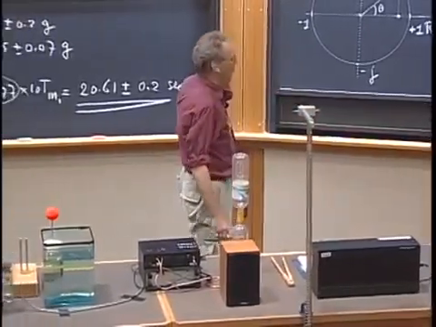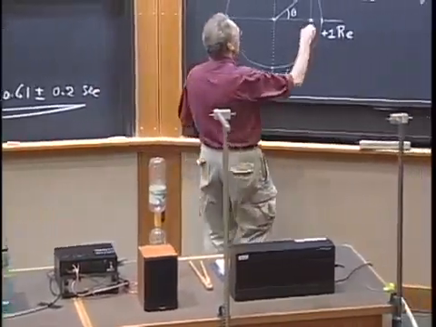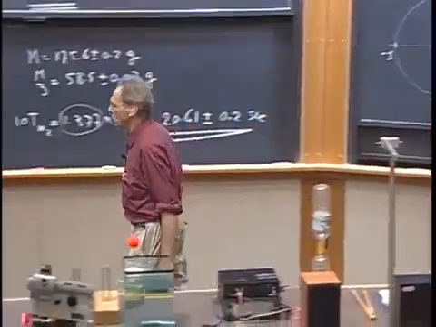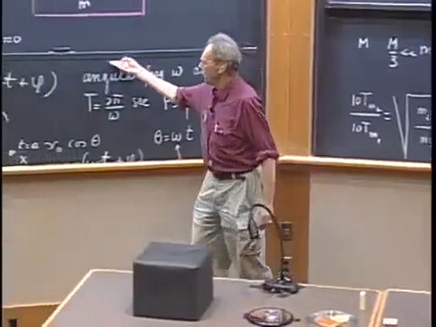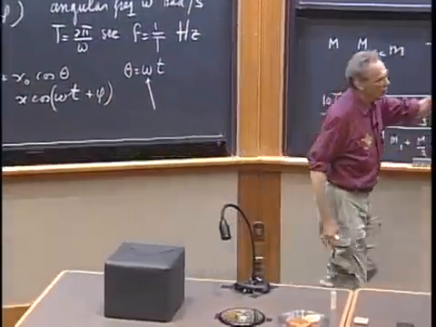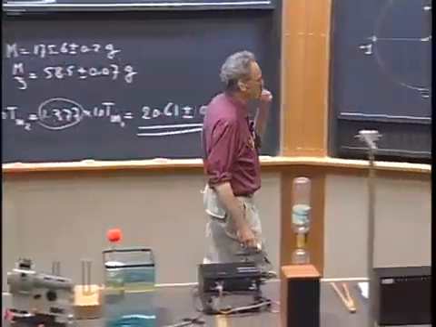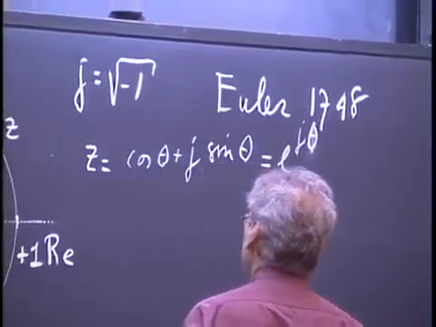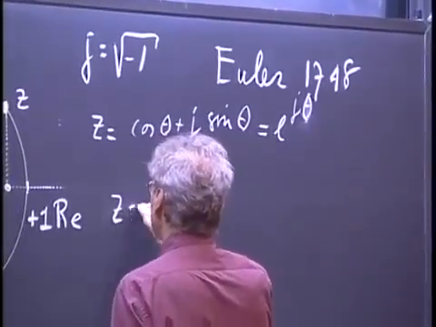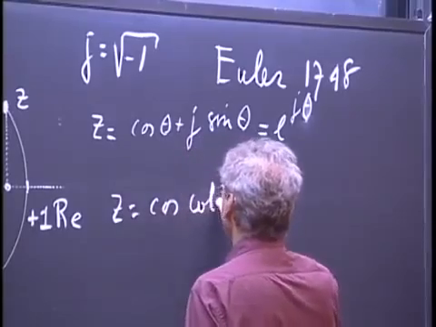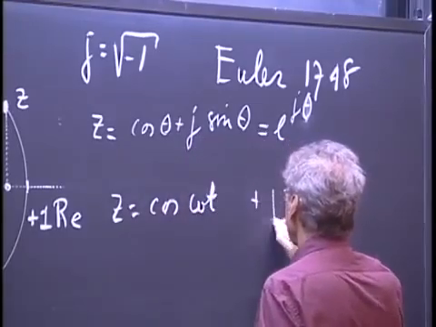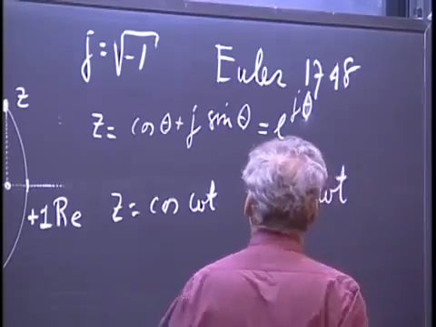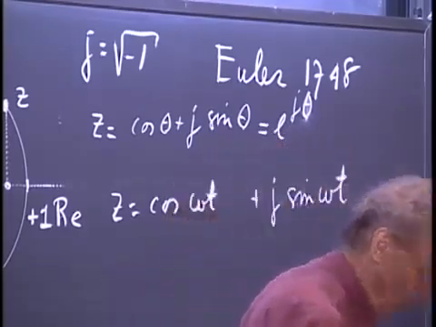So why would we ever want to use this? Well, going back to my uniform circular motion here, if I make that point go around, and I only look at the real part, I have a simple harmonic motion. And so if I change theta into omega t, then I get that z equals the cosine of omega t plus j times the sine of omega t, the real part of which is a simple harmonic motion.